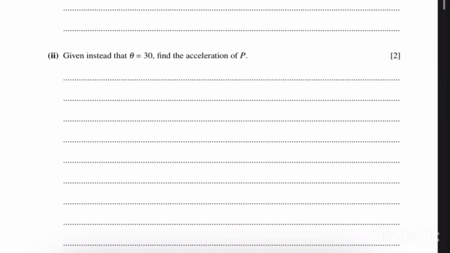This is part number 2 of question number 3. Given instead that theta is equal to 30, find the acceleration of P. To find the acceleration, we're going to use the forces formula, which is forward force minus resistive force is equal to the mass multiplied by the acceleration. First we write down what we already know.